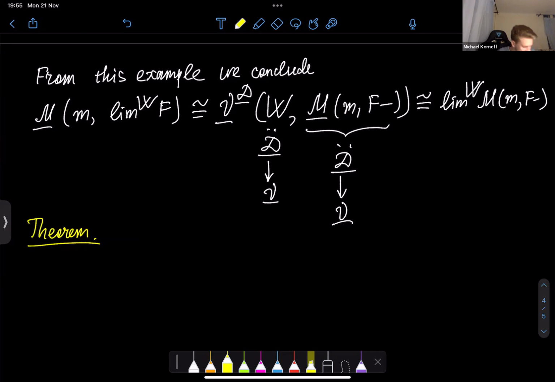I formulate it when M is tensored and cotensored.